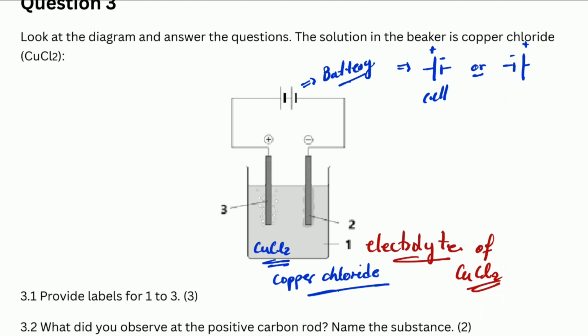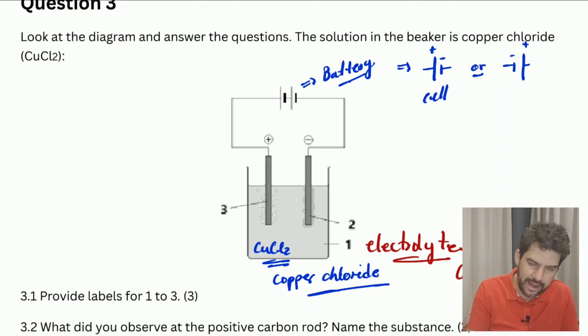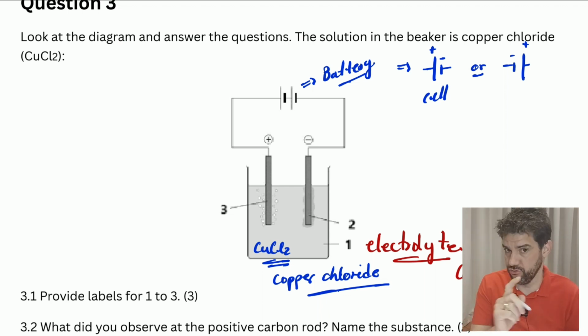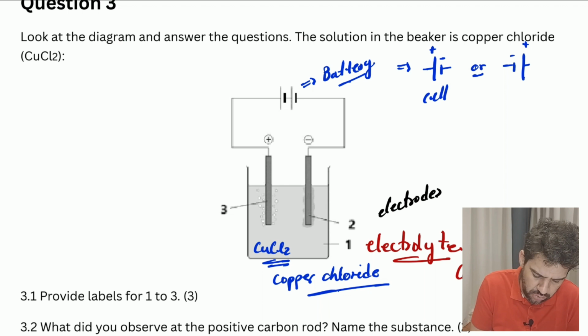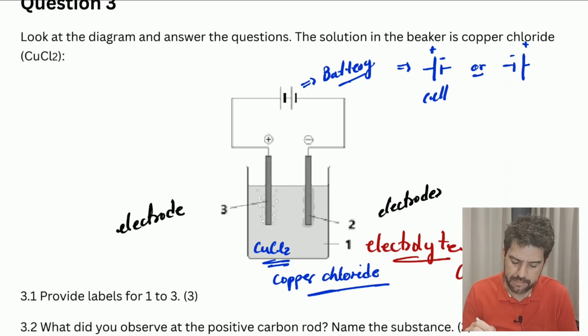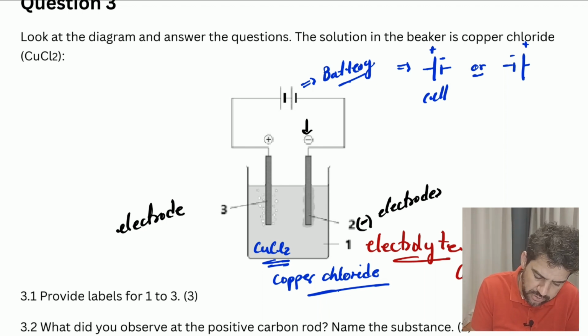Now, number 2 and 3, both of them are called electrodes. Let's write it here. Electrode. This one is also an electrode. But number 2, you can see that is a negative electrode. It is connected to the negative side of the battery. So it's a negative electrode. Number 3 is connected to the positive side of the battery.